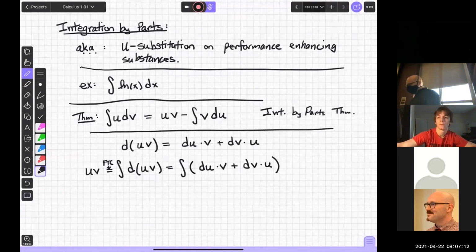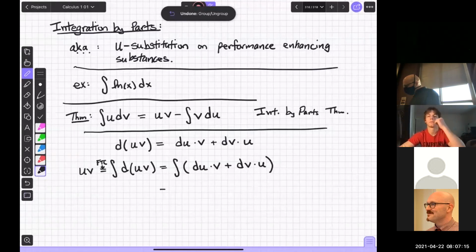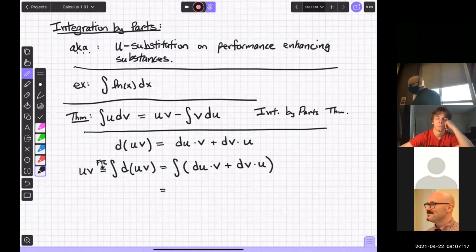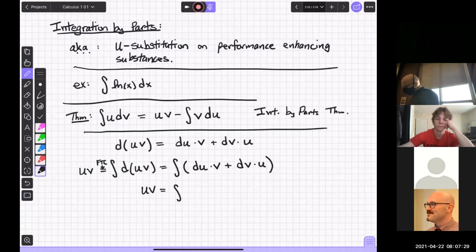Well, now then what we could do is that we could say, let's rewrite this ever so slightly. And that's really equal to U times V, by the way, because that's still the far left side. Okay, so could someone tell me what I just did there?